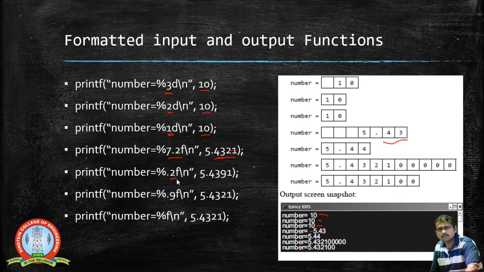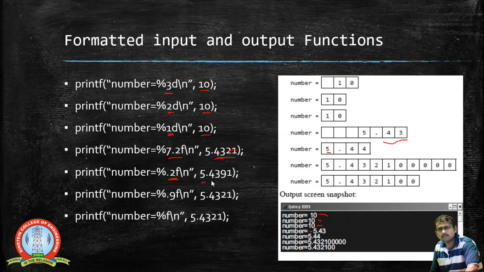So 0.2f means that after the decimal point you can have only 2 rounded digits, as in the previous case, but before this we have not specified any width. Since it has only one digit, 5, it gets left justified, and the value 5 is printed.